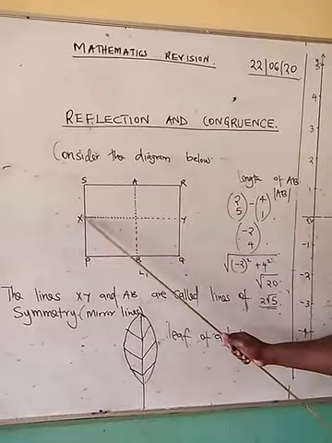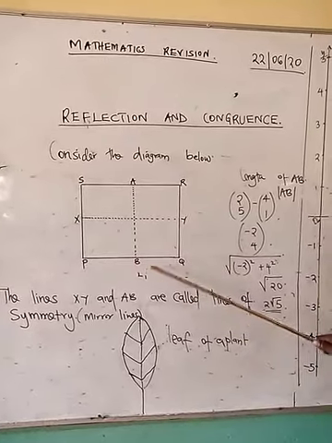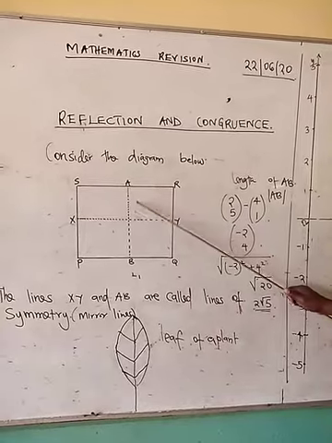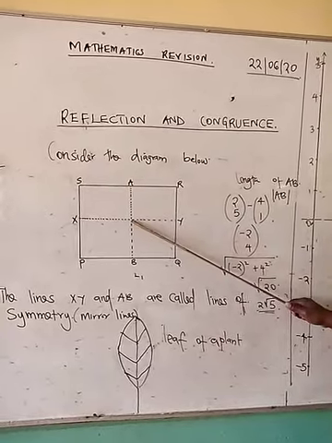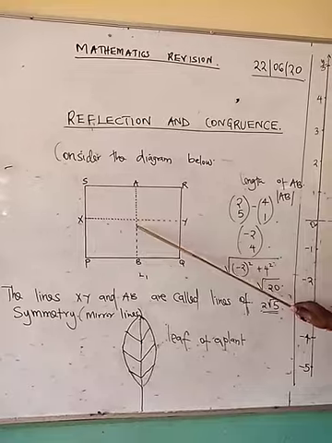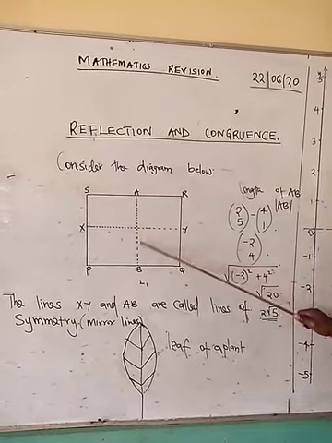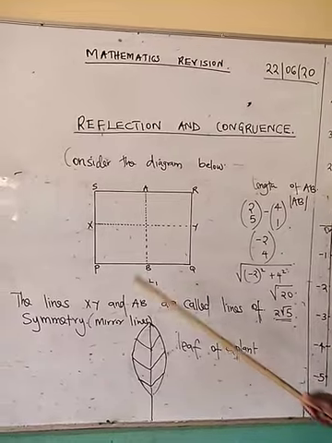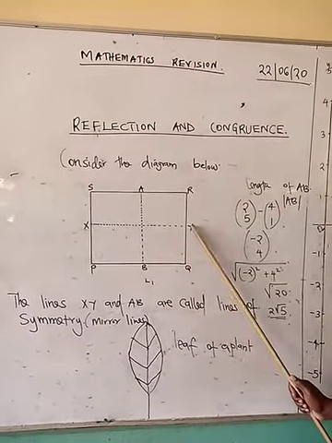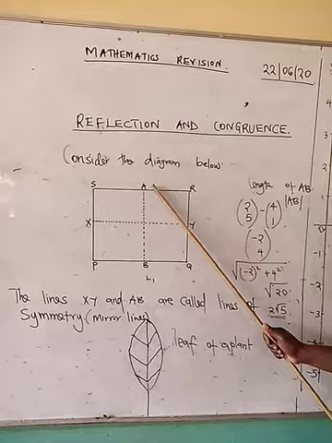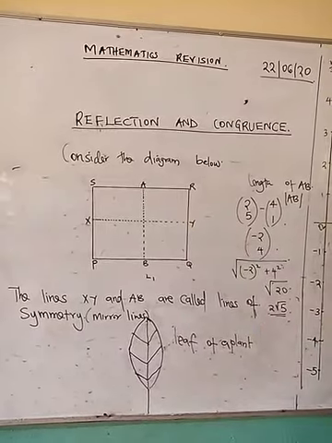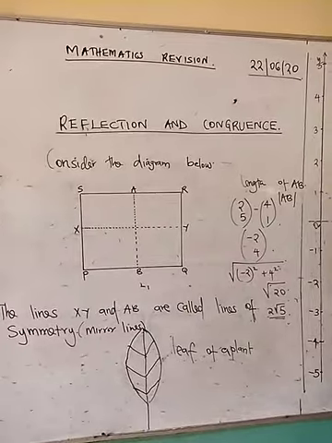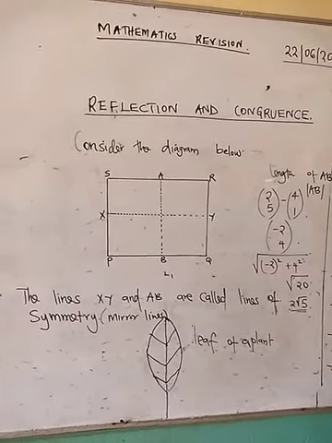When XY is the mirror line, the distance from side A to the center must be equal to the distance from side B to the center of that intersection. So XY being the mirror line, A could be the object, then B becomes the image of that particular object.